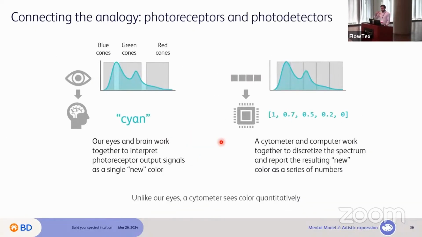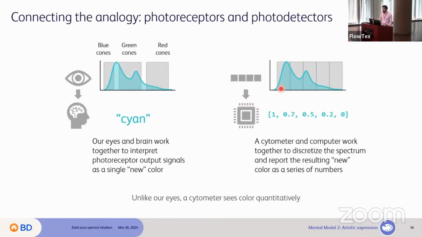Well, indeed, the way that we interpret color as humans has some analogies to the way that a cytometer works. Our eyes have individual types of photoreceptor cells that are sensitive in different parts of the spectrum. Their responsivity actually smears into each other, but we can approximate it with this cartoon here. And those receptor cells work with our brain to interpret a given input spectrum as a single new color.